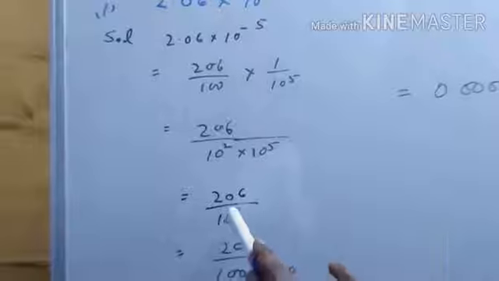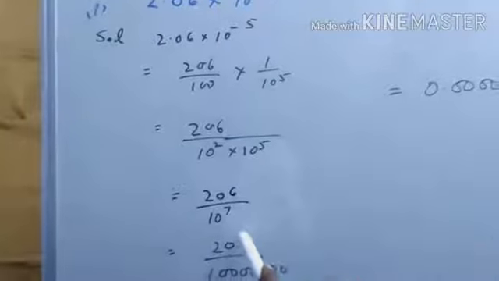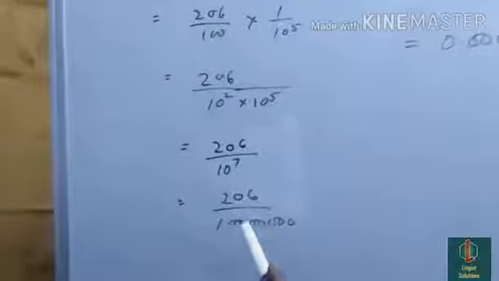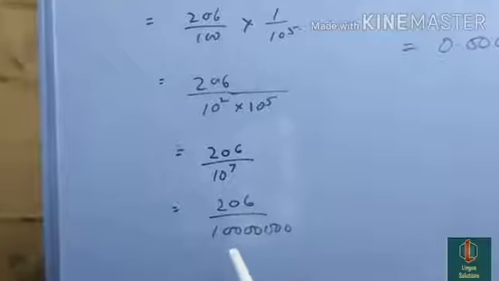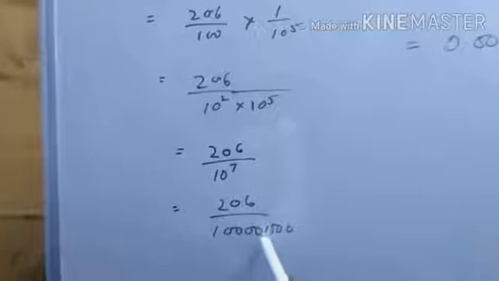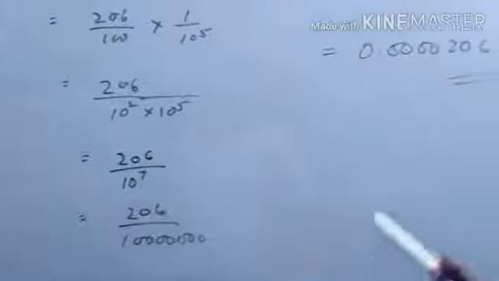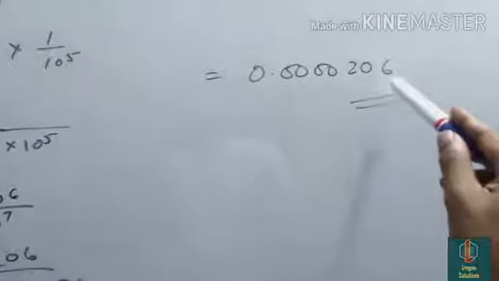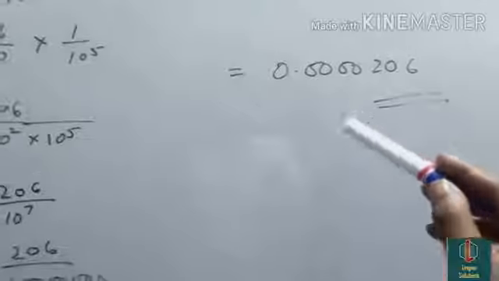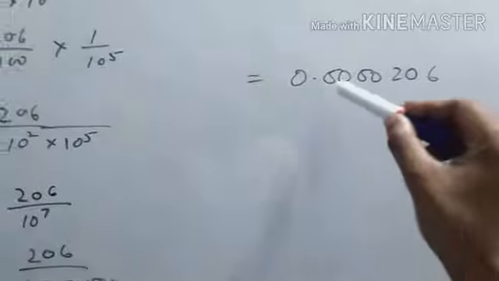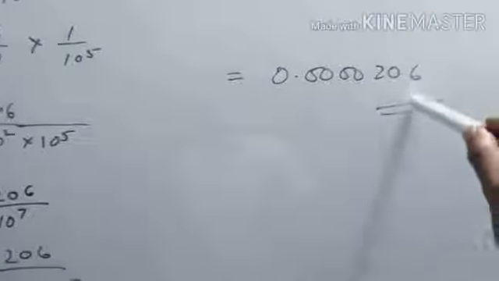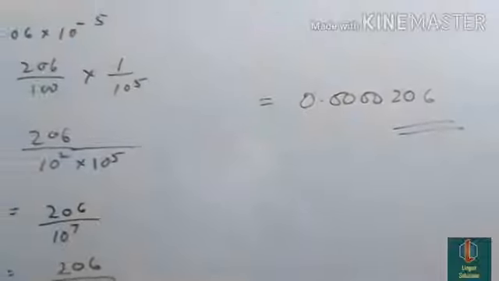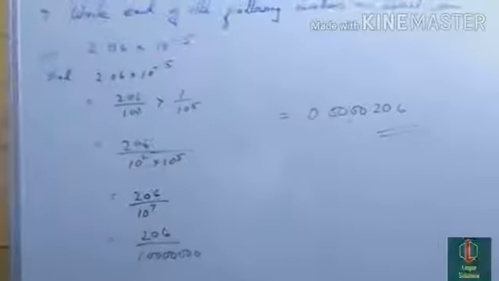That will be 206 by 10 to the power 7. That is equal to 206 by 1000000 is equal to 0.0000206. Sorry, 0.0000206. This is the answer.